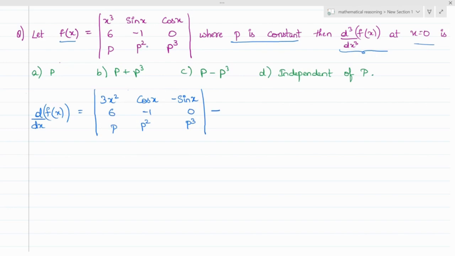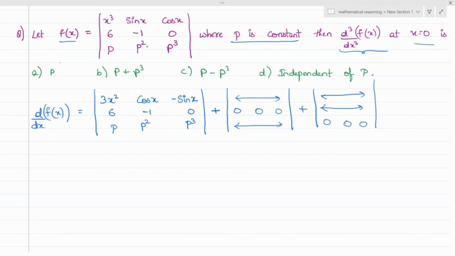And plus, now you need to do the differentiation of the second row. First row and third row will remain as they are. Second row's differentiation, all are constants, so it becomes 0, 0, 0. Similarly, now keep first row and second row as they are. Do the third row differentiation. Again, p is a constant, so again it will be 0, 0, 0.